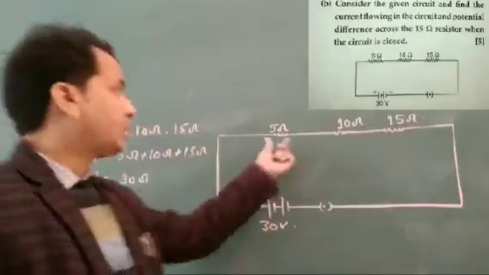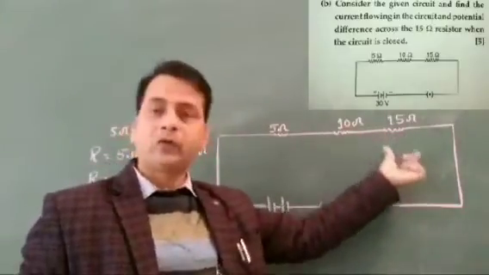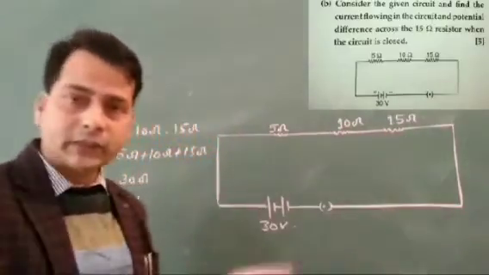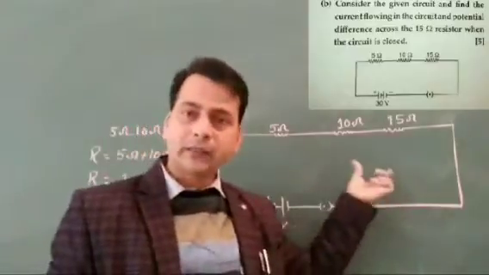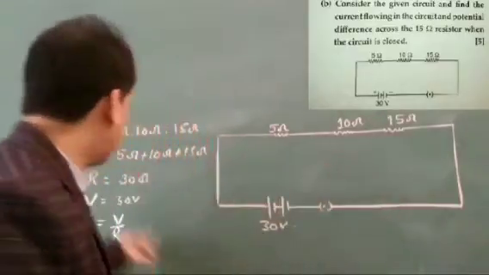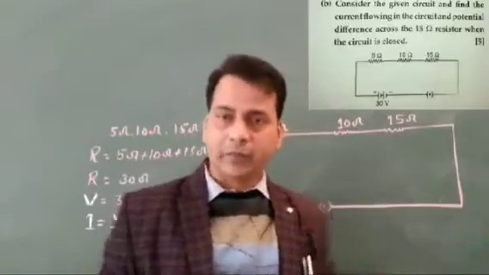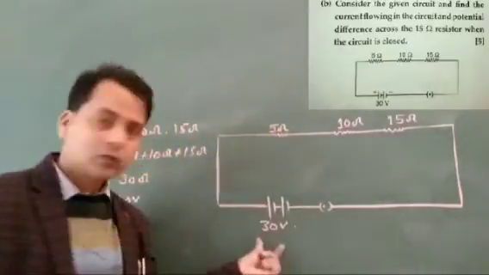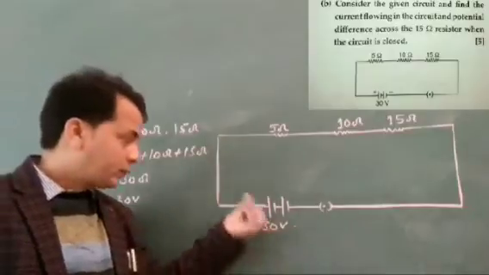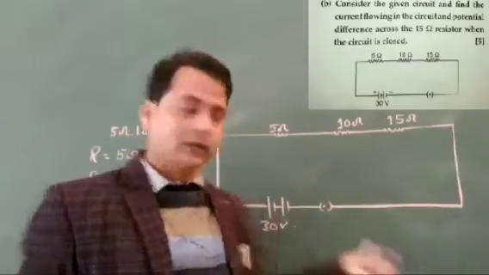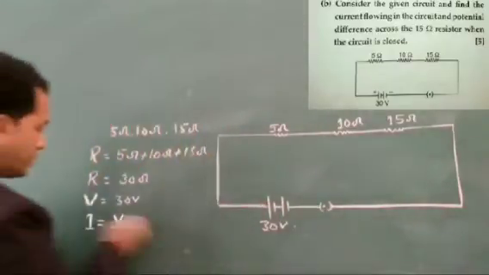The 5 omega, 10 omega and 15 omega are connected in series combination, so the equivalent resistance in this circuit is 30 omega and the potential difference is given as 30 volt. So to find the electric current, according to Ohm's law, I equals V by R.